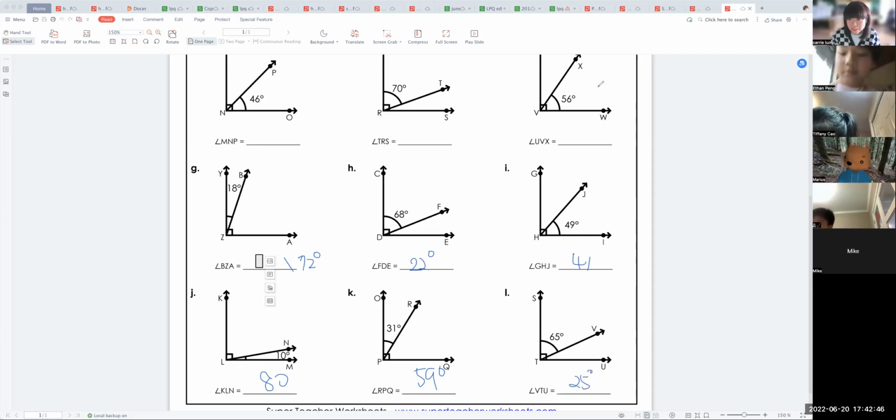Almost caught me there. Okay, everybody, I want you to copy it down. When two angles plus together equal 90 degrees, this is called complementary.